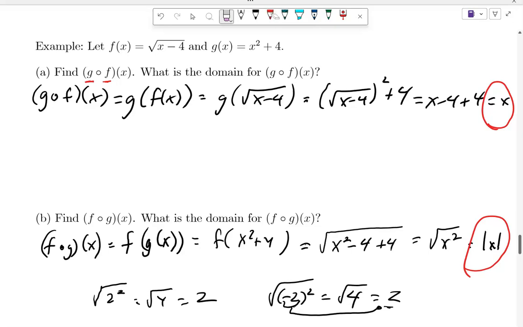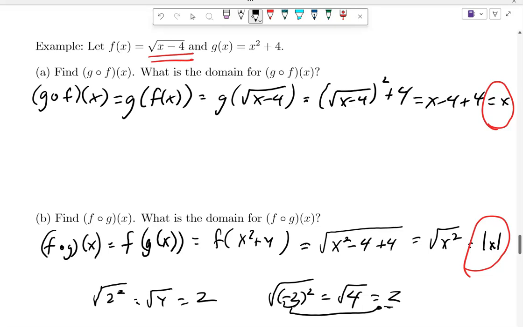What is f of x in this case? It's root x minus 4. What can you not plug in to f? A negative, right? I can't have a negative under the root.